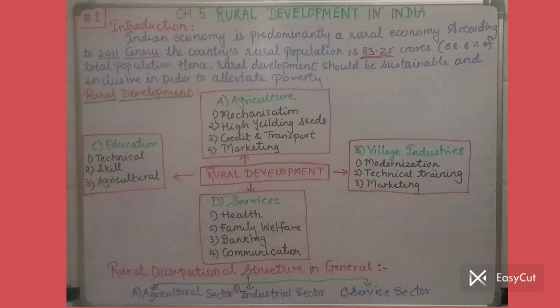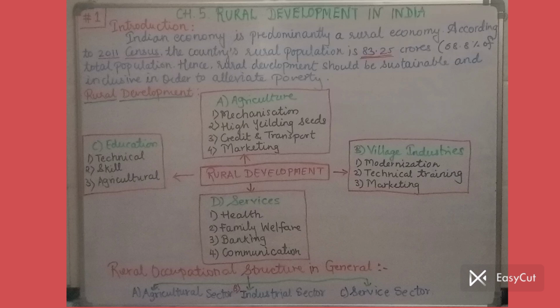There should be good roads so that it becomes easier to transport raw material from the fields to the industry or to the market. Then fourth one is marketing. This is also a very important aspect, normally neglected, but there should be a proper marketing strategy for the sale of the agricultural output so that the farmers would benefit from that.